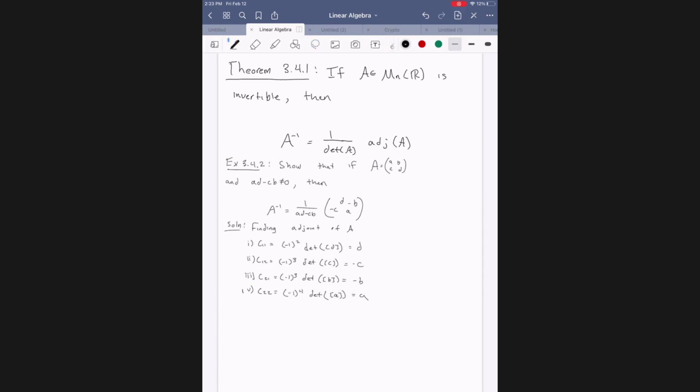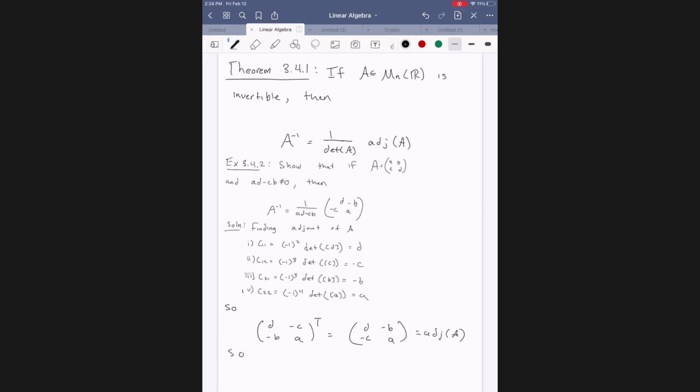So now the matrix of cofactors is going to be D, minus C, minus B, A. Take the transpose of this, which will give me D, minus B, minus C, A. So this thing is the adjoint of A now, right?